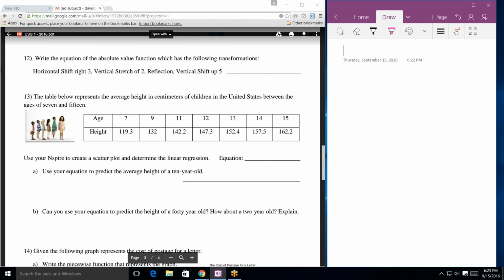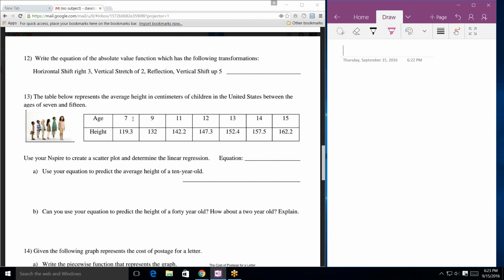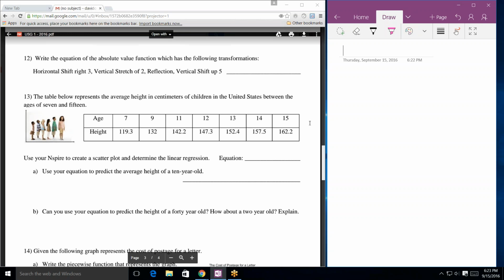You have to make two lists. In other words, you can't really make a scatter plot unless you have two different lists. So you have to have list 1 that has the numbers 7, 9, 11, 12, 13, 14, 15 on it, and list 2 that has those heights.